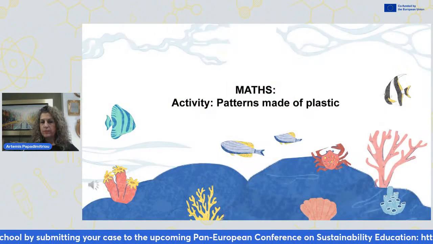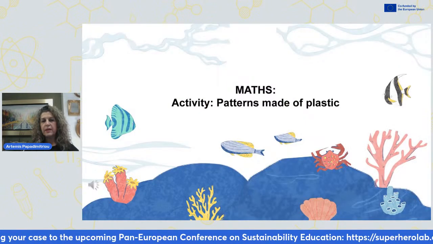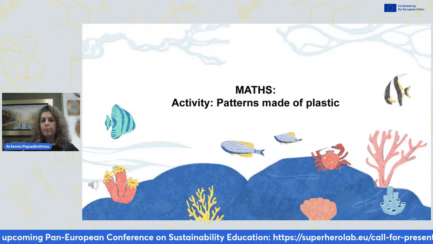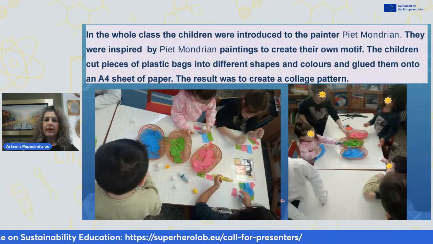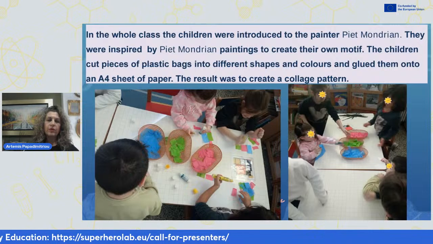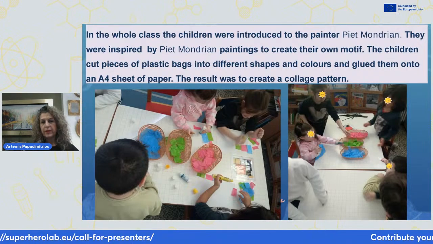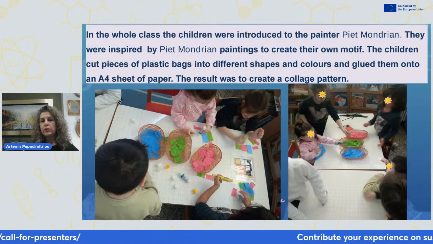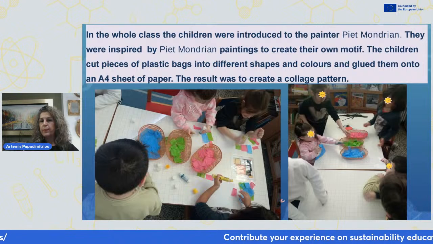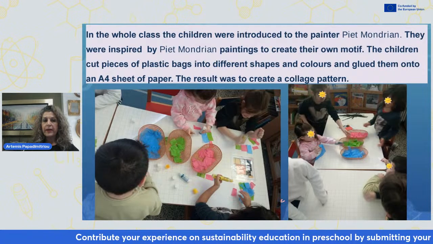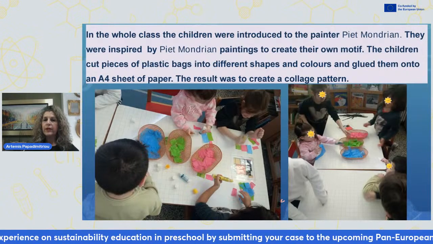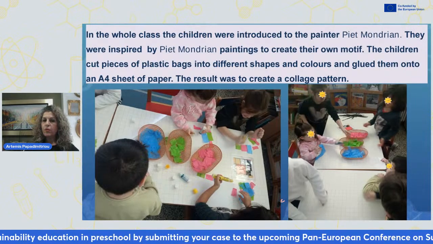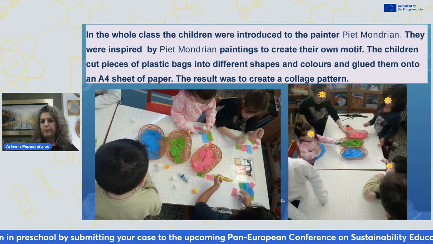Let's go to maths. Activity, patterns made of plastic. In the whole class, as you refer, we work in teams. The children were introduced to the painter Piet Mondrian. They were inspired by Piet Mondrian's painting to create their own motif.